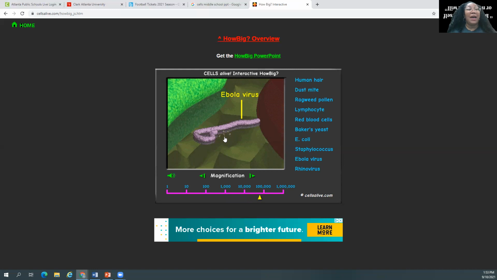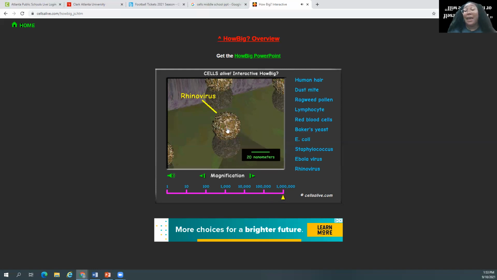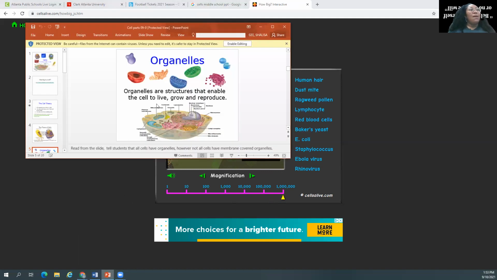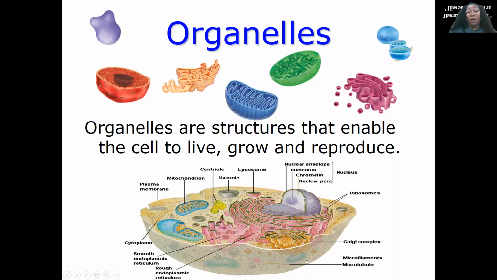Now, even if we magnify it, we would think the Ebola virus would be the smallest, right? Well, no, because if we magnify it even more, look at the rhinovirus. That's in nanometers. That's how small that little piece of thing is. And that is a living thing. And that one little living thing is made up of cells. We're talking about not one cell, but many, many, many cells. So that will give you a brief idea of what cells actually look like.